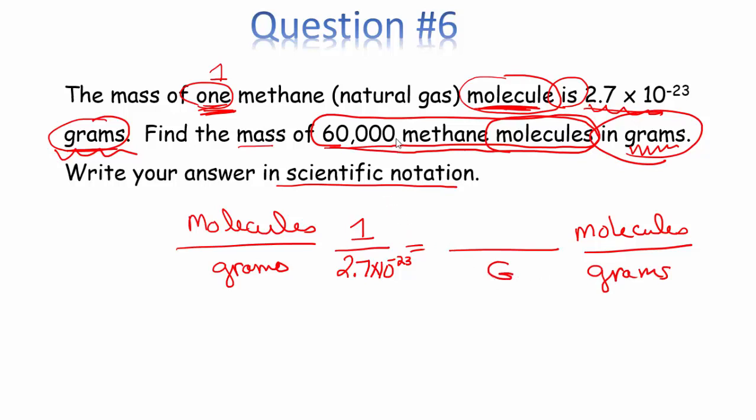I want my answer in scientific notation, so I'm going to rewrite 60,000 in scientific notation. 1, 2, 3, 4. So that is 6 times 10 to the 4th molecules. 1 molecule is 2.7 times 10 to the negative 23 grams. 6 times 10 to the 4th molecules is how many grams?